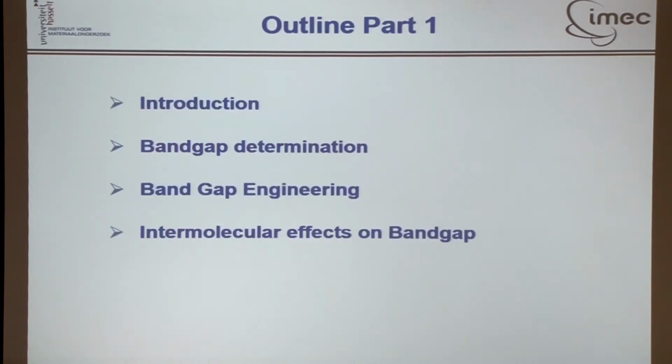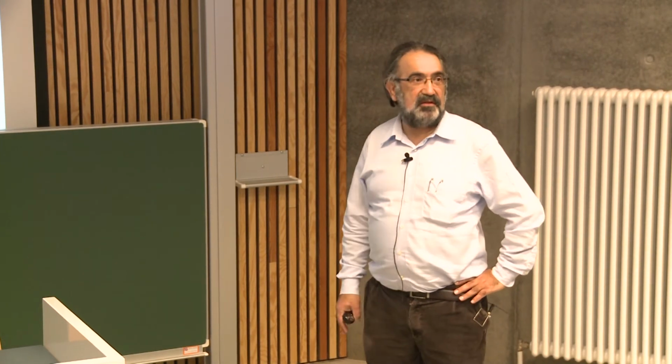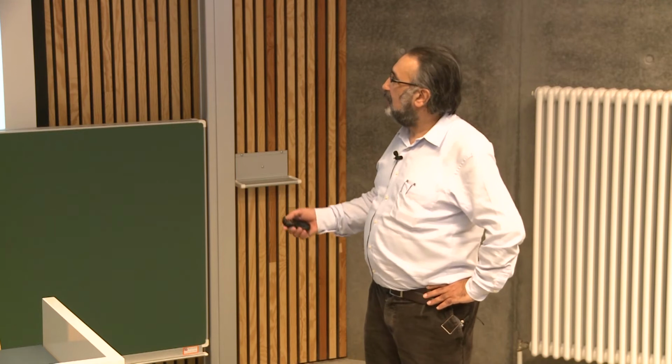This is a little bit of an outline of the first part, so I will start with a small introduction. Then we will go into how the band gap is determined, and there are different ways to do that. We will look at the most simple ones. I will not treat the more complicated ones.